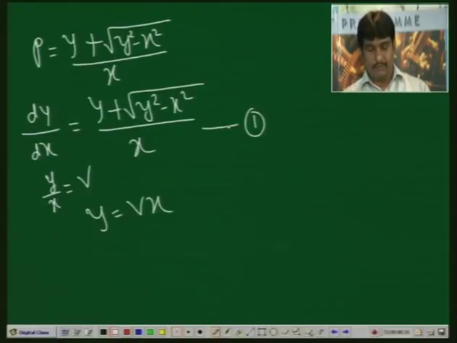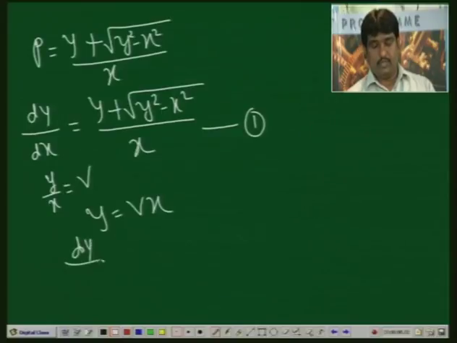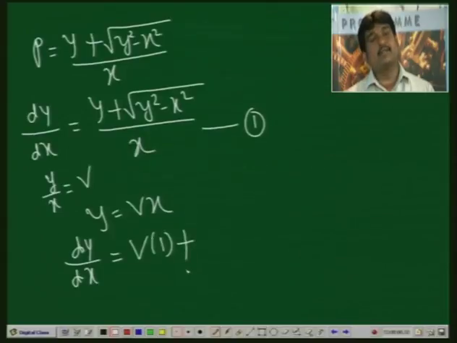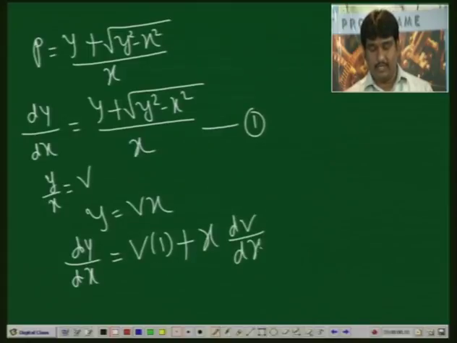I'll differentiate y with respect to x. The derivative of y is dy by dx equals, now v is a new variable which is a function of x, so we have to apply the product rule here. First function v as it is, times the derivative of x which is 1, plus the second function x times the derivative of v, which is dv by dx.